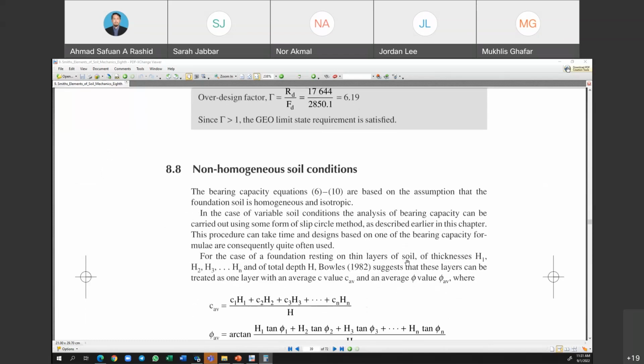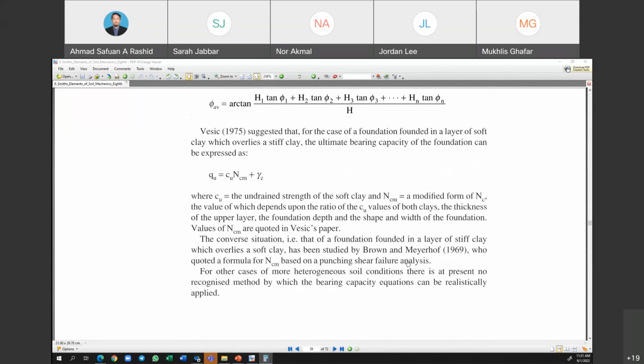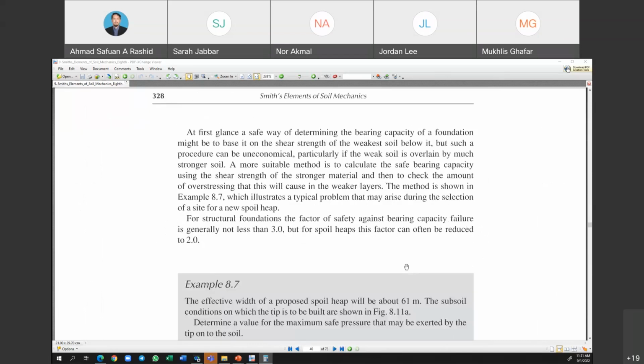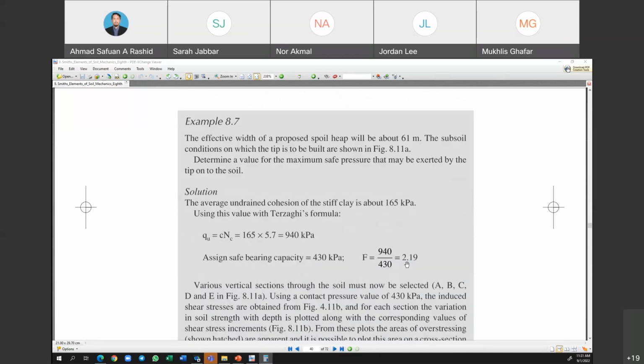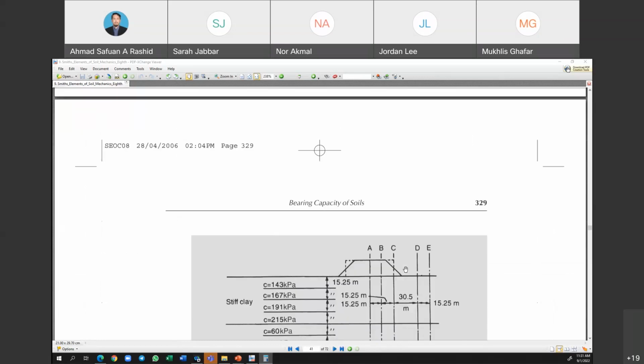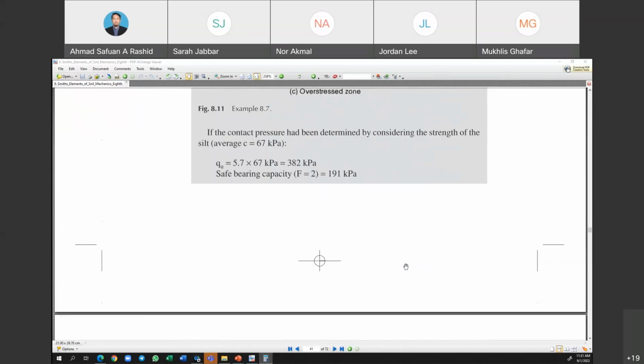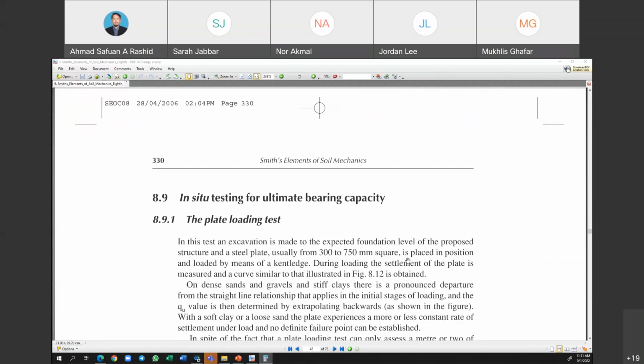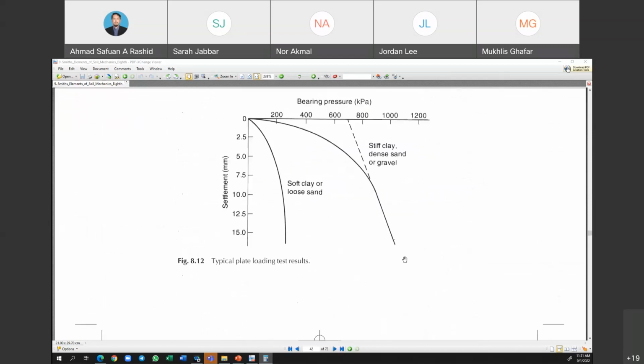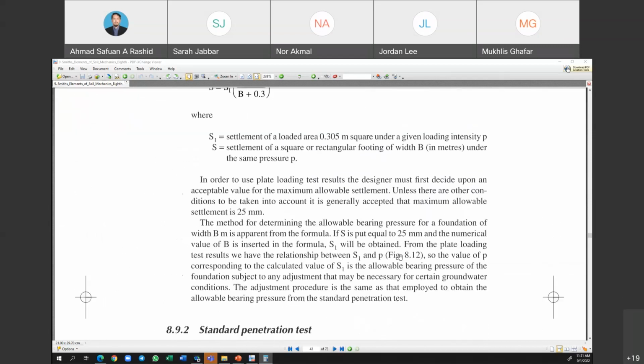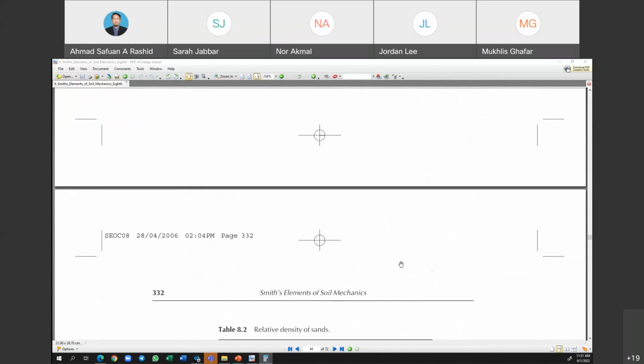So this is an example for non-homogeneous soil condition, which I have not discussed. There is no example for the EC7 on the plate loading test, so you can do a reading on this part, SPT as well.